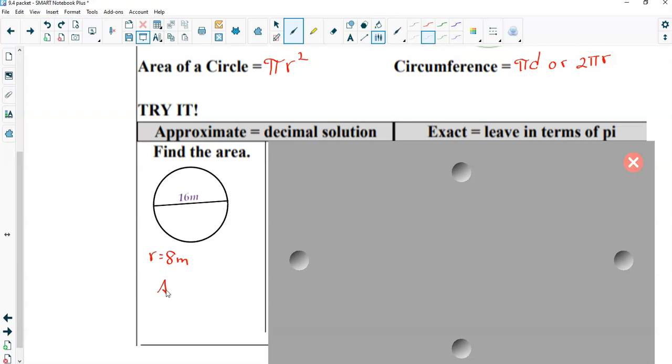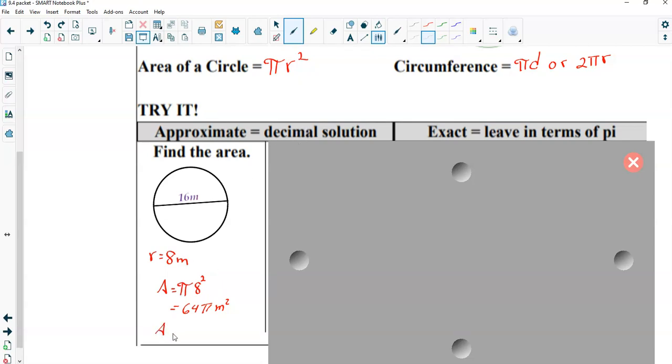So the area should be equal to pi times the radius, 8, squared. And remember, since this area is square meters, we put this in the calculator. We know 8 times 8 is 64 pi meters squared. That's the exact, but they're looking for the approximate decimal solution.